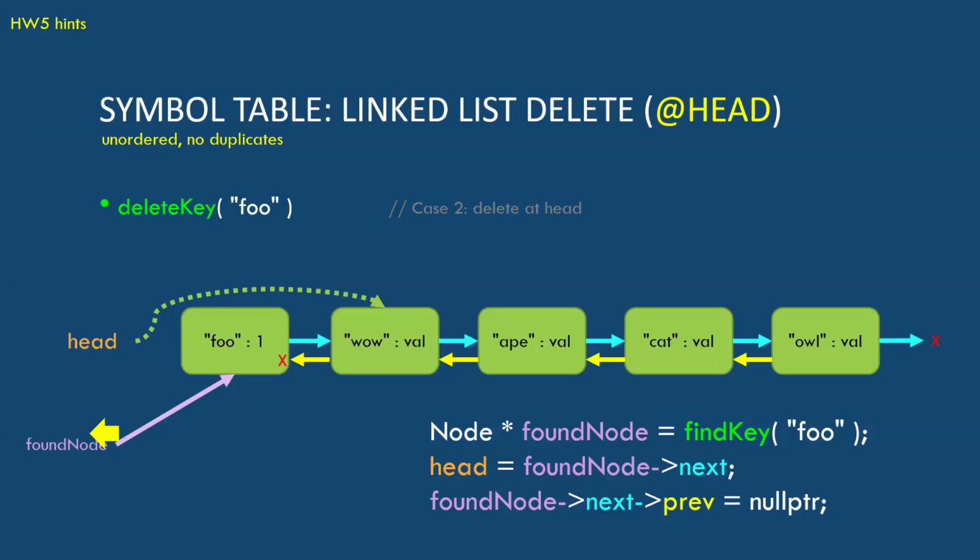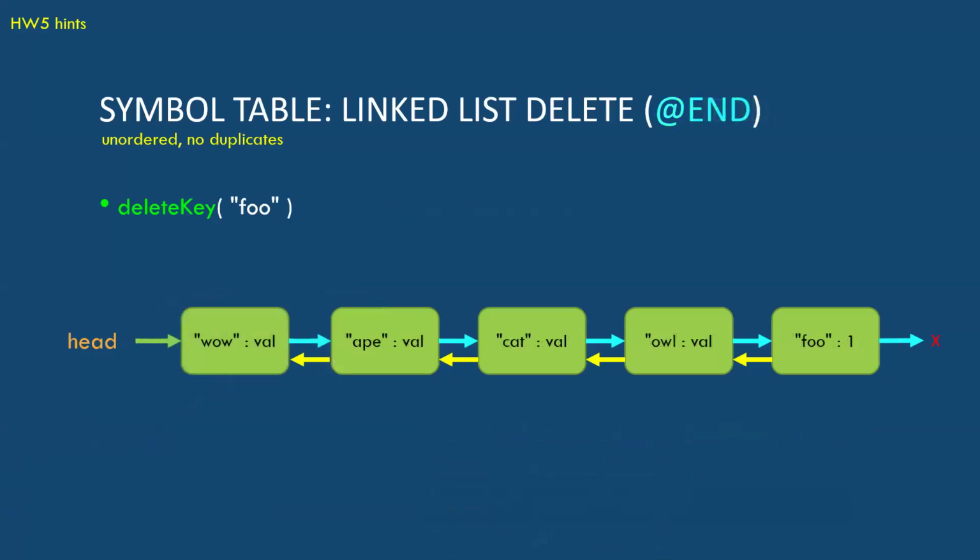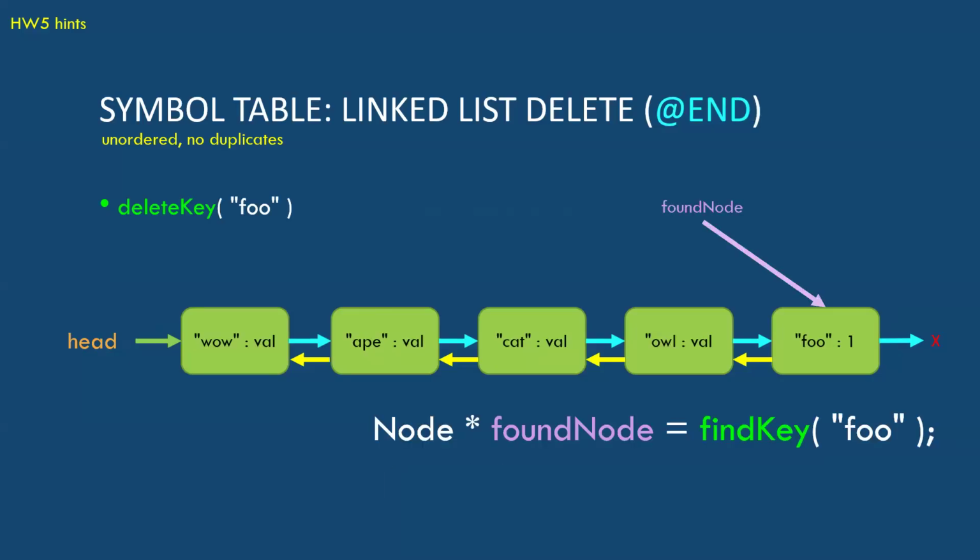Okay. So that's case number 2, finding at the head. Now let's deal with finding at the end. This is where we get a benefit from our back pointers. Instead of having to do that kooky thing we had to do in homework 3, where we stop one before the caboose, here we just use the previous pointer.